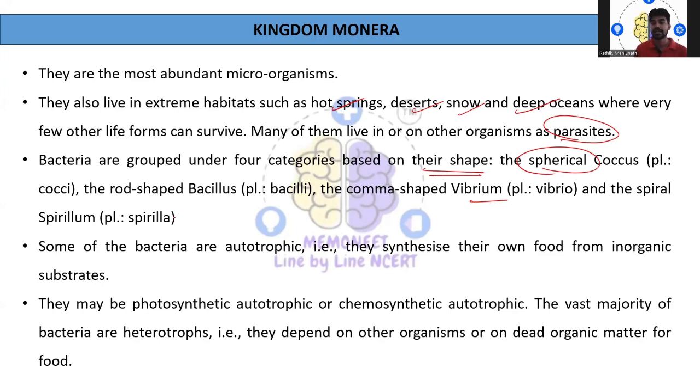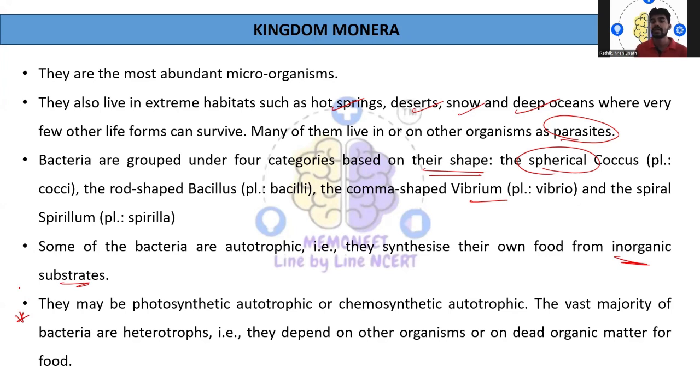Some of the bacteria are also autotrophs. That means they synthesize their own food from inorganic substances, and they may be photosynthetic autotrophs or chemosynthetic autotrophs. This is very important. Photosynthetic autotrophs are able to produce their own food because a photosynthetic pigment, chlorophyll, is present.